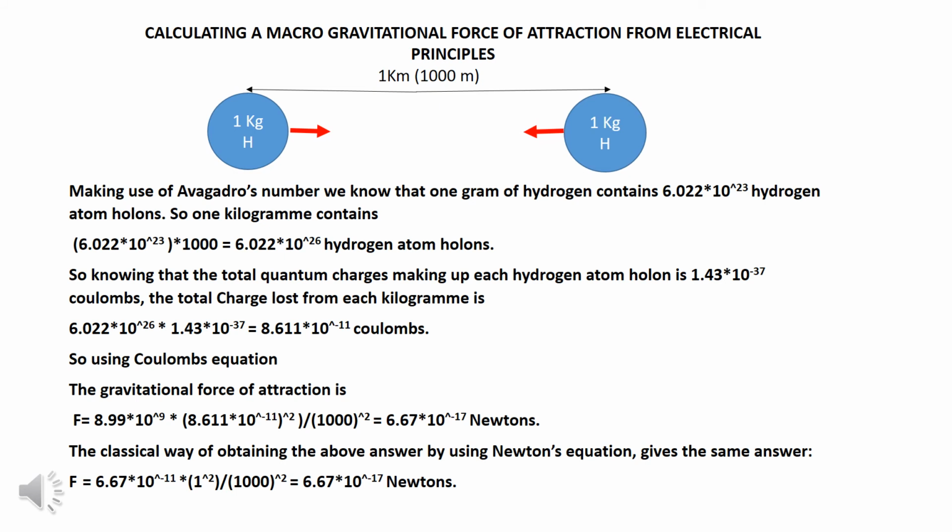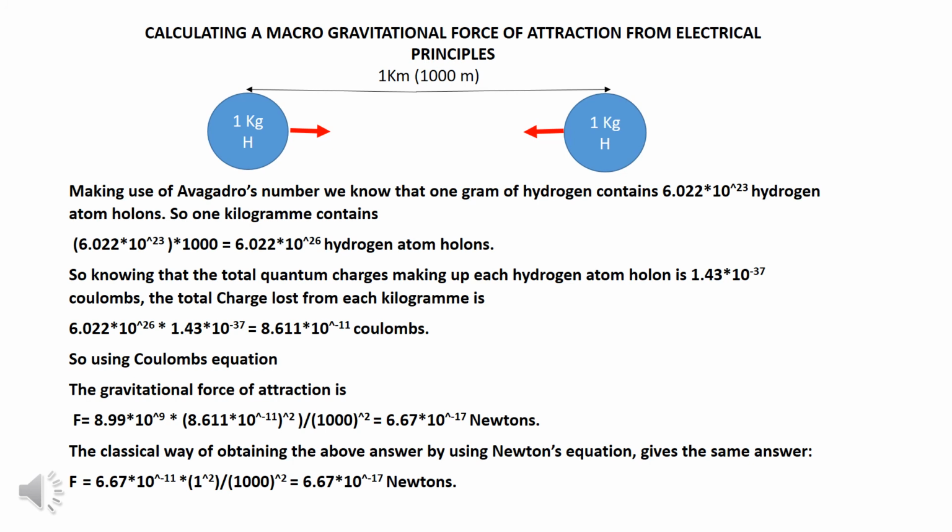Making use of Avogadro's number, we know that 1 gram of hydrogen contains 6.022 times 10 to the 23rd hydrogen atom holons. So 1 kilogram contains 6.022 times 10 to the 26 hydrogen atom holons.